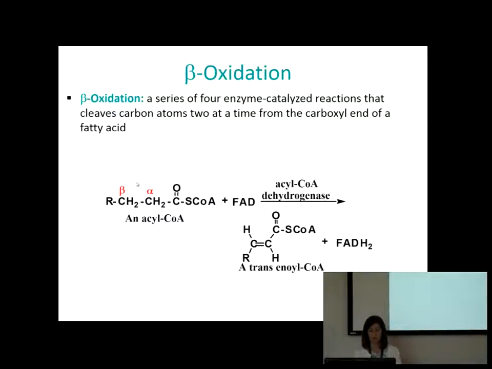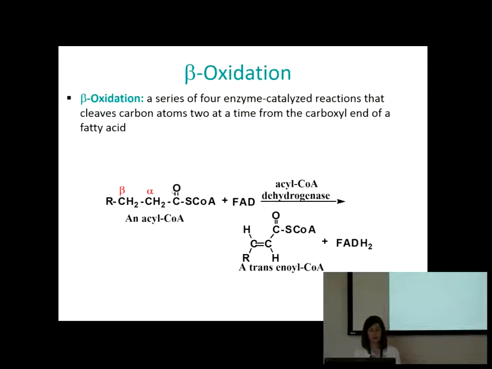So we're going to chop between the alpha and beta carbon each time. What we're going to be doing in beta oxidation is oxidizing the beta carbon. That's the whole purpose.